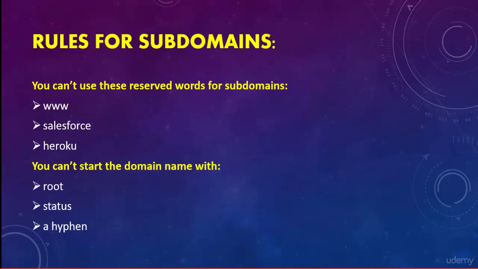Also, while naming your subdomains, you should not start your domain name with words like root or status, or a hyphen. These are the 2 different sets of rules that you need to follow while you're creating your subdomain.